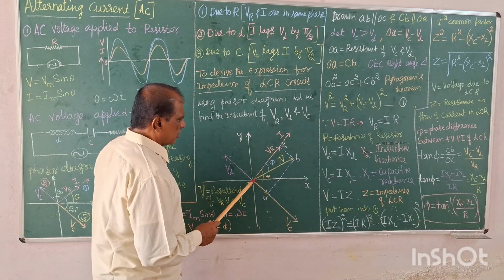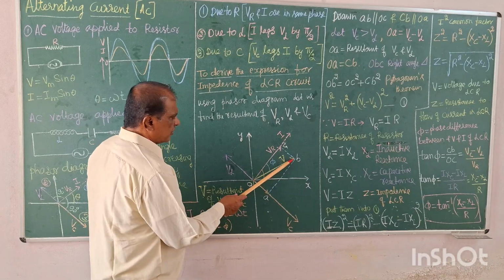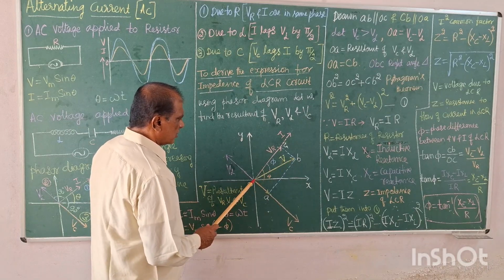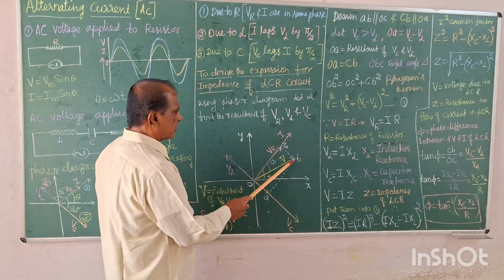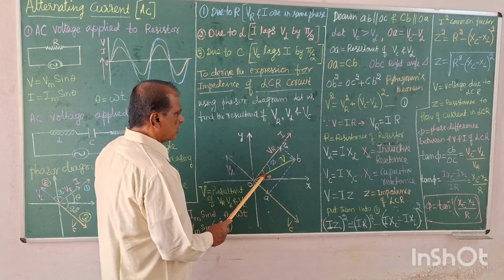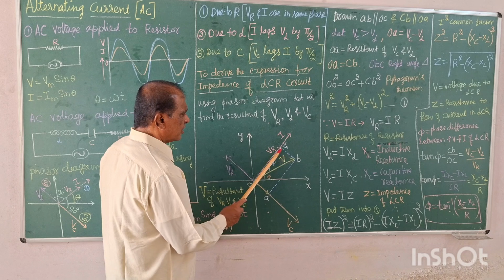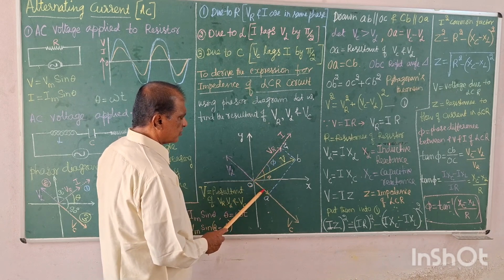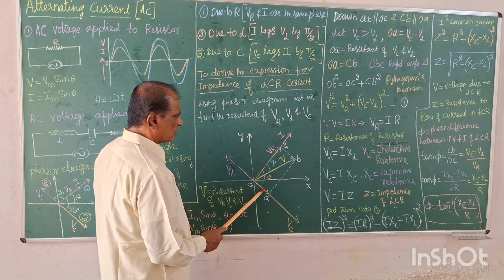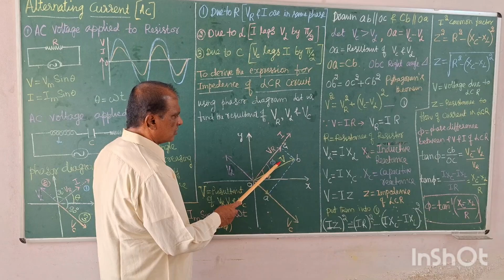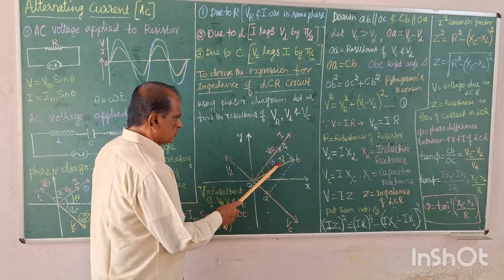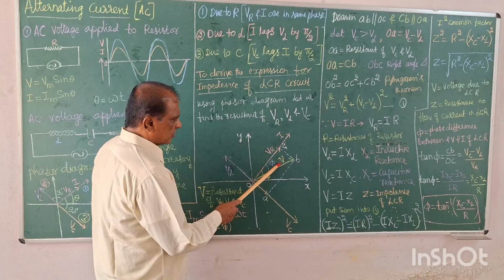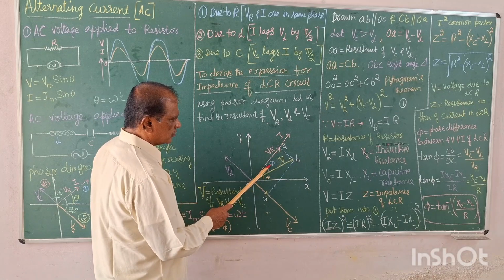When you draw a line from this point to this point, it becomes the diagonal of the rectangle. This diagonal of the rectangle is the resultant of these two vectors. This V is called the voltage in the LCR. Find this difference.